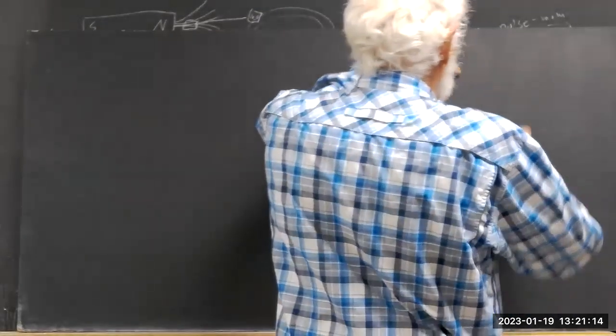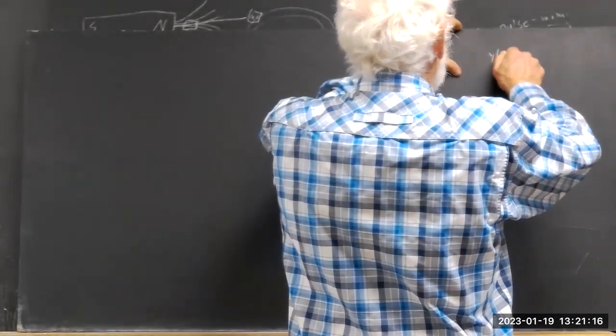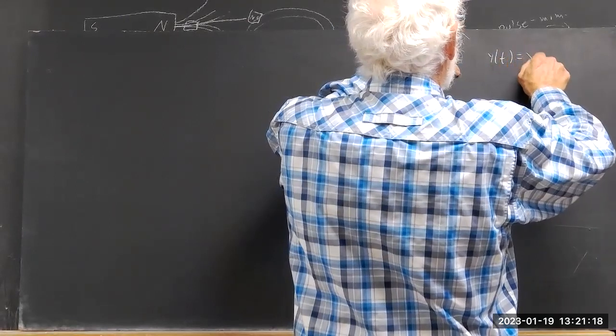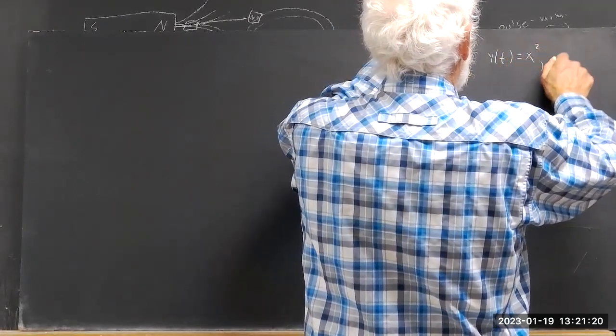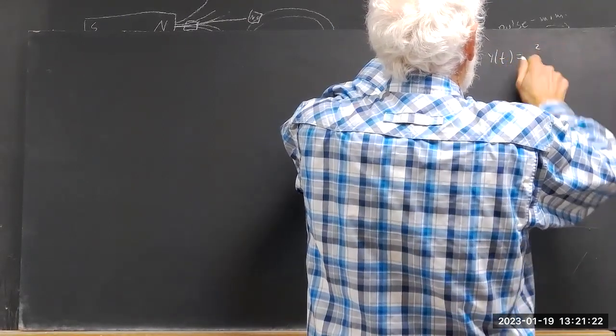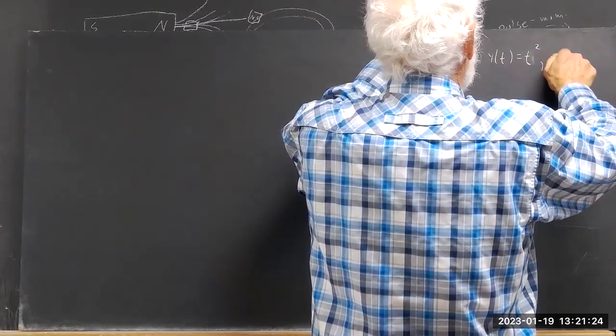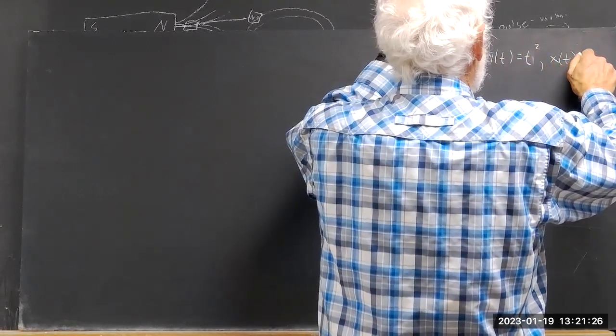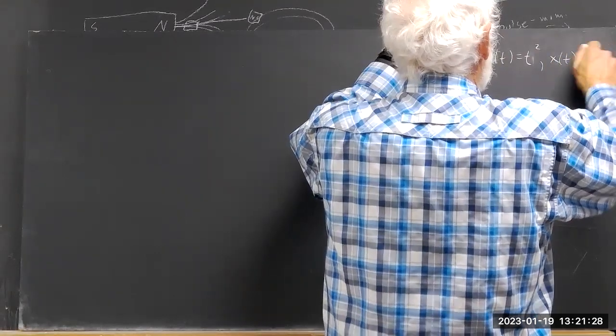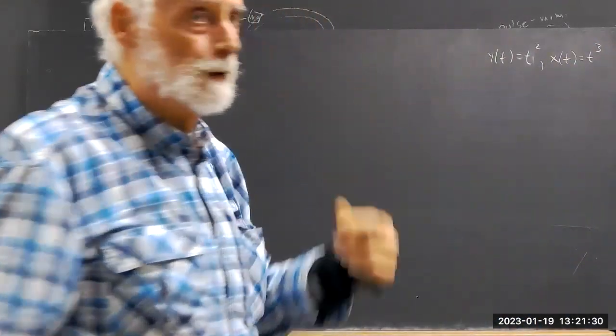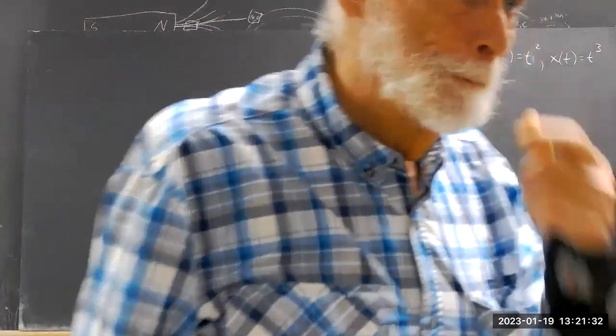Okay, so let's say that y equals t squared, x equals t cubed.